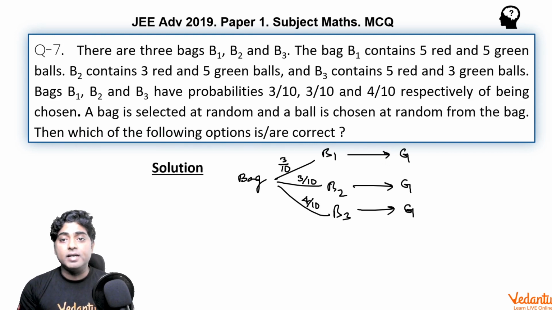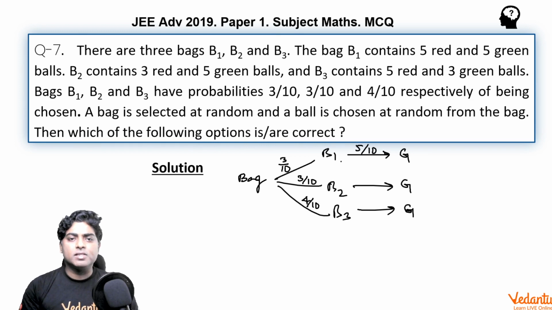In this case we'll see there were 5 green out of total 10 balls in the bag B1, 5 red, 5 green. So it must be 5 by 10. For a green ball to be taken from bag 2, number of green balls in bag 2 is 5. Total number of balls is 3 plus 5, 8.